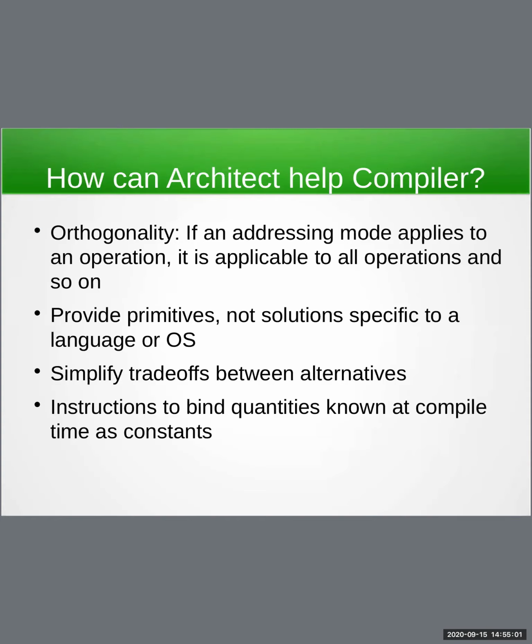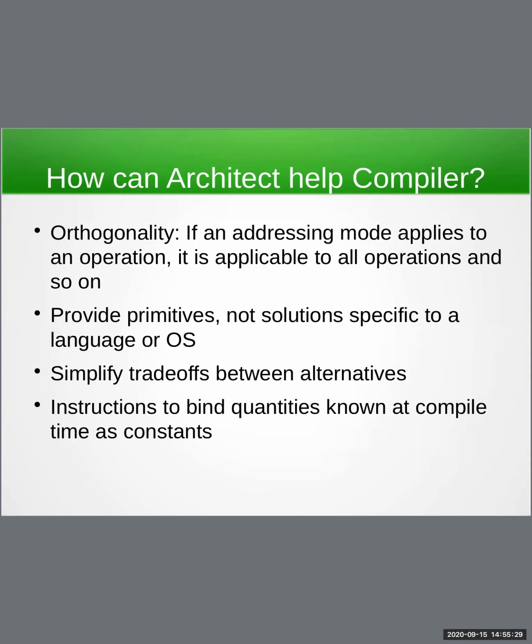You shouldn't say, for add, I can use only register and immediate, but I cannot use register indirect addressing mode. So this sort of differentiation should not be there. Then it's easy because anything can be applicable to anything. That eases the job of the compiler.